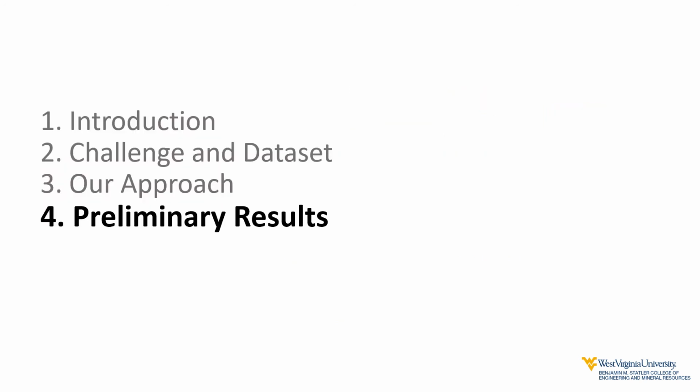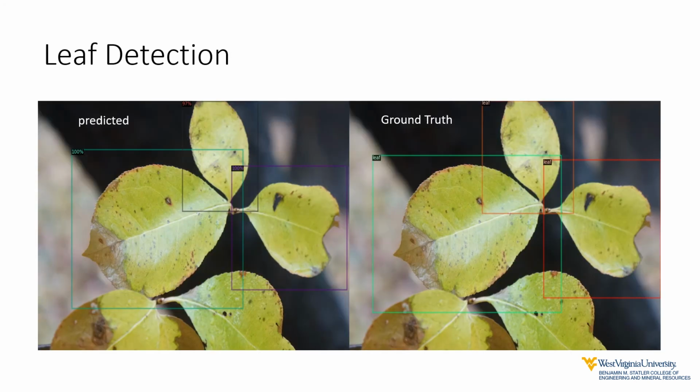We have tested our model and received preliminary results for object detection and the species classifier. For the preliminary object detection results, we trained on the images containing only leaves, and we processed the images and got the results. As you can see in the image, on the right side is the ground truth, and on the left side is the predicted image. It almost predicted precisely for this example.